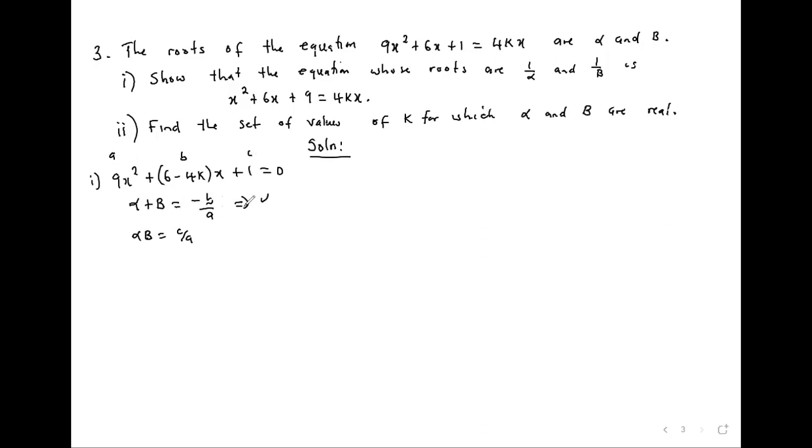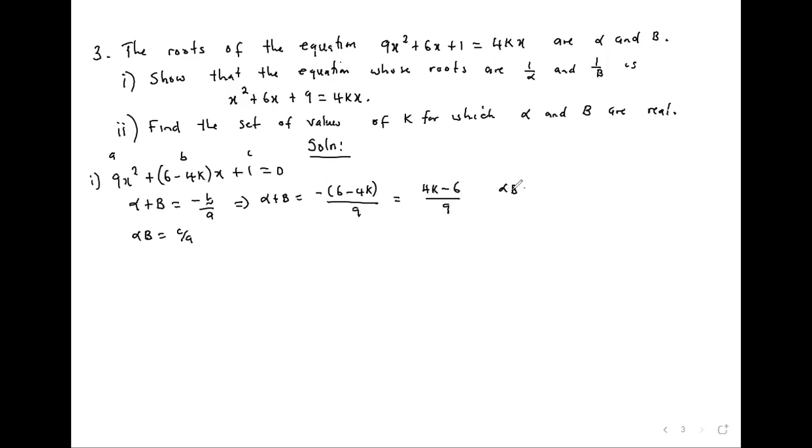So alpha plus beta is negative 6 minus 4k over 9, which is the same as 4k minus 6 over 9.